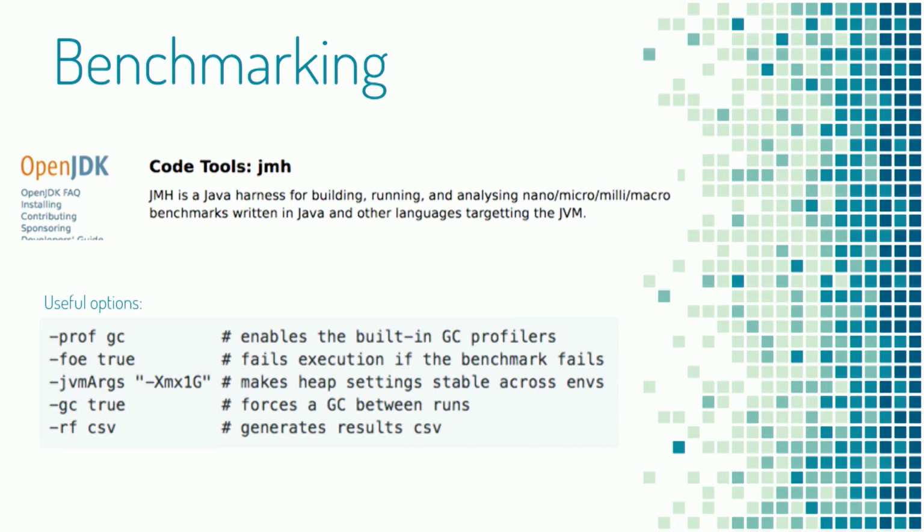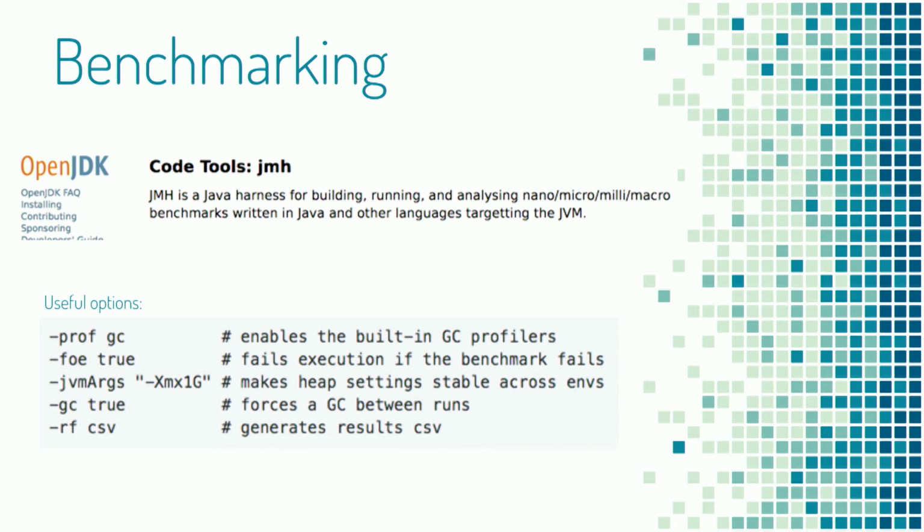I've seen benchmarks that only check that the code fails super fast, because the default behavior of JMH is to continue executing even if there's an exception.